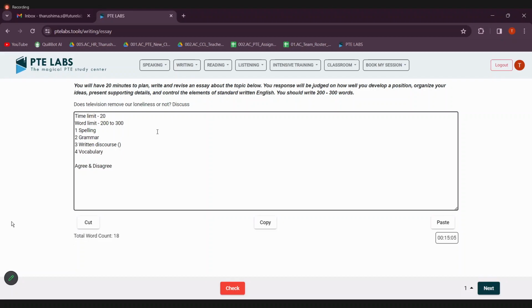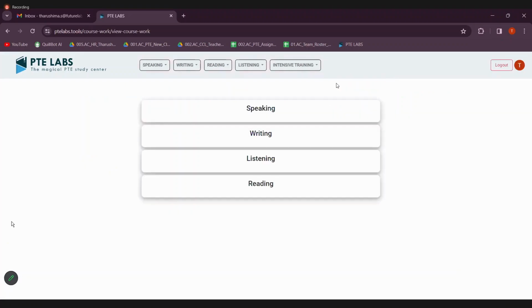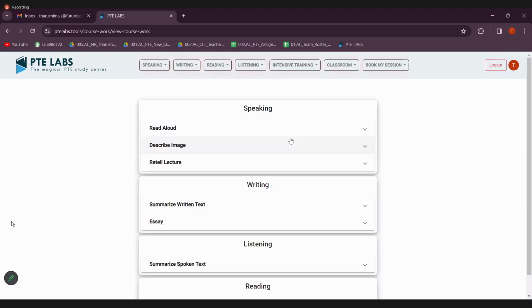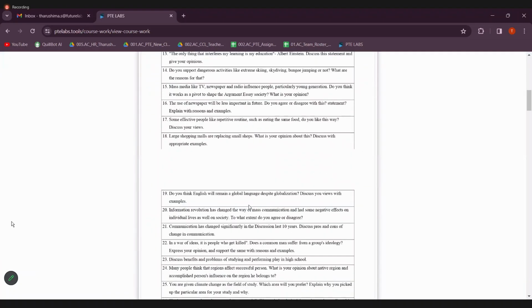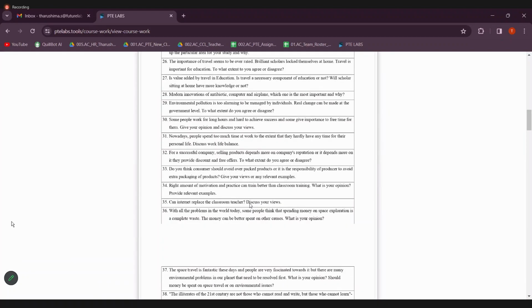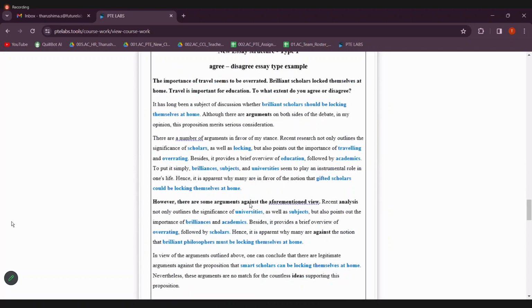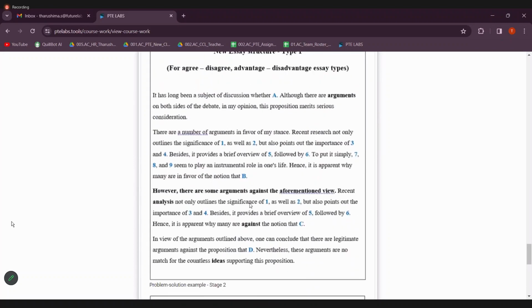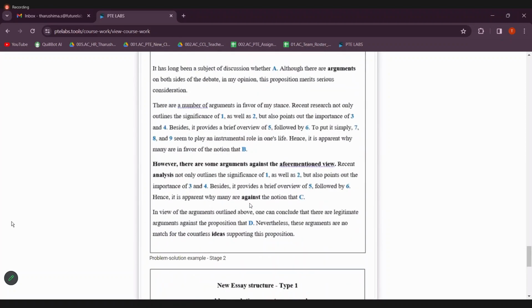But when it comes to problem and solutions, you have to change a bit. I will show you. What you have to do is go to classroom materials, writing, essay, this one.